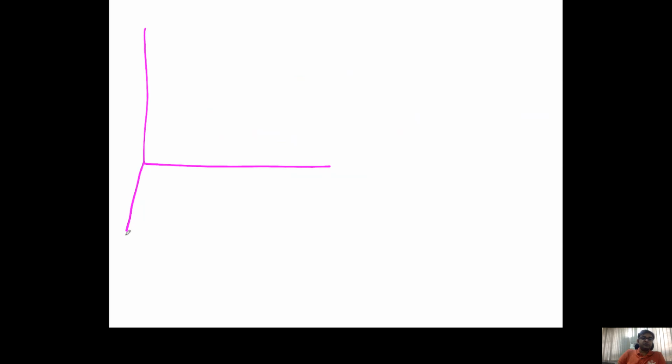So let me see. So this is your initial configuration. This is capital X. This is your line element, and this is x plus dx, which is basically capital Y. Then we have this one. So we have small x.